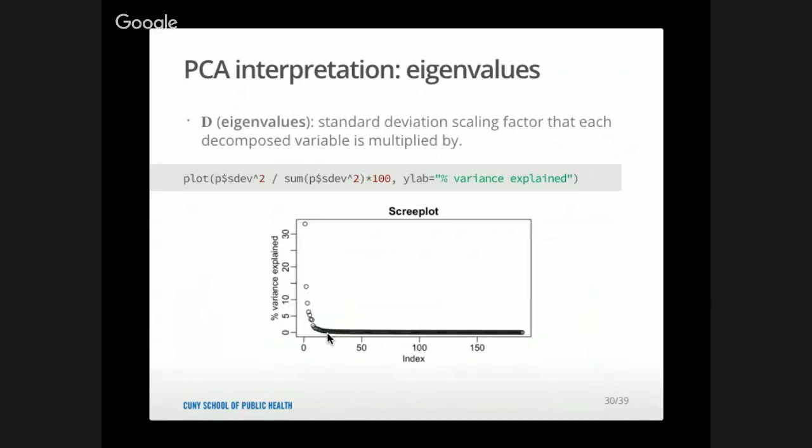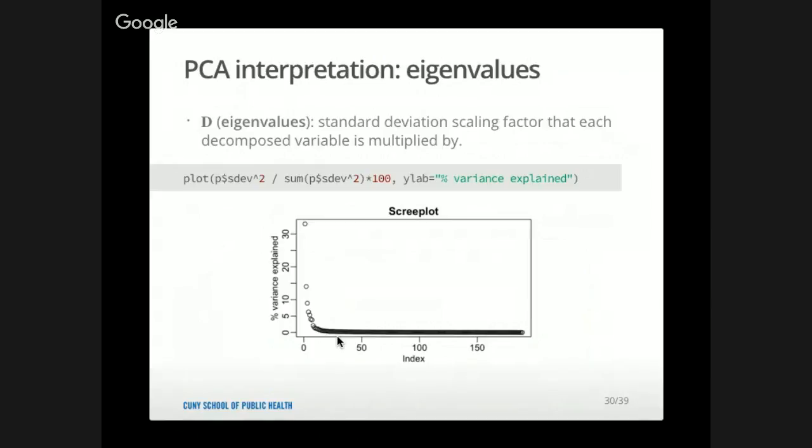And once we get up to about 20 here, we have essentially 0% of the variance for each of them. So in this actual gene expression data set, even though we have 22,000 measurements, we can represent almost all of the variability in them using only about 25 variables or principal components, which is pretty incredible, right?